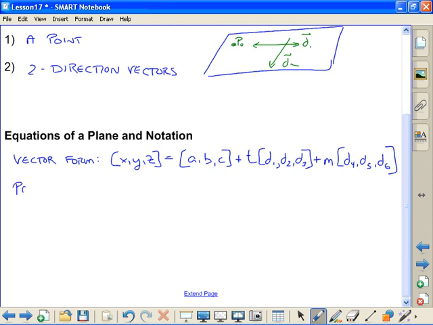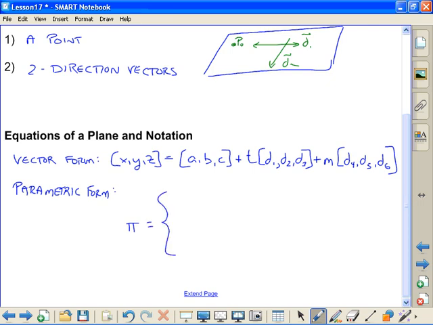Can we write it as parametric? You bet. Now the difference is, you'll remember that I used this notation for a line. For a plane, we use the Greek letter pi. So there is your notation for a plane.